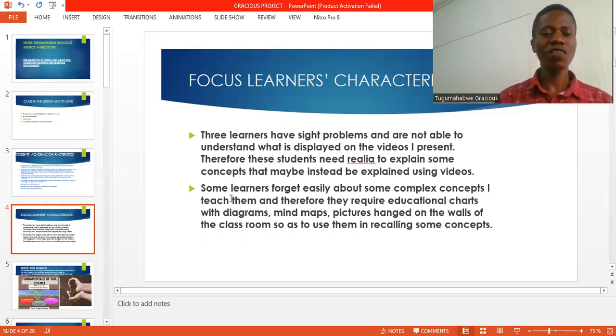Second, some learners easily forget complex concepts I teach them, and therefore they require educational charts with diagrams, mind maps, and pictures hanged on the walls of the class to use in recalling some concepts.